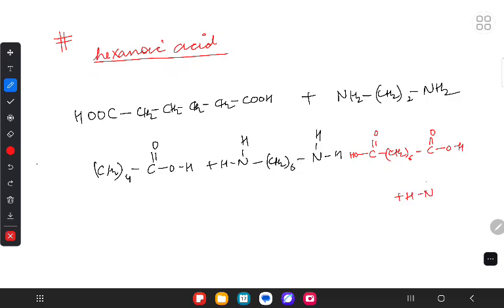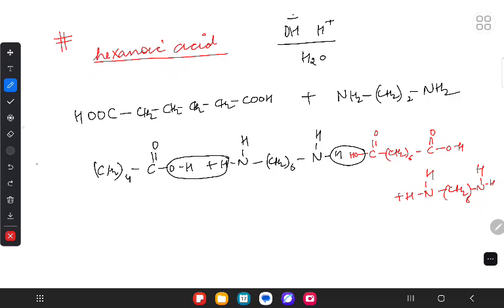We have this structure, right? So you remove water from it like this. What is water? OH negative and H plus. When they combine, they form water. Are we understanding?